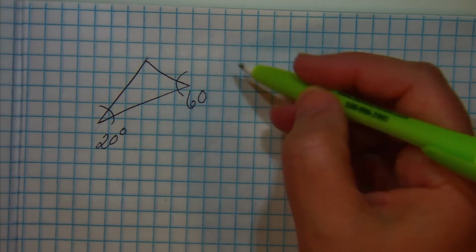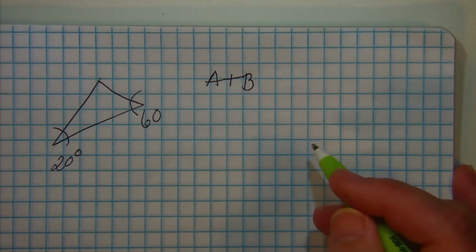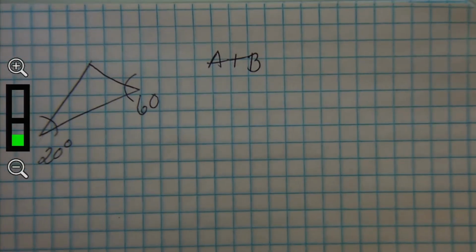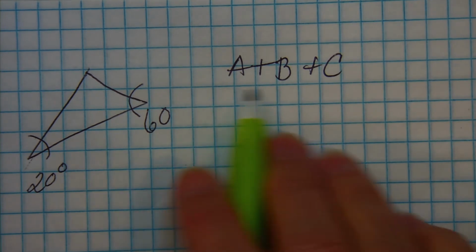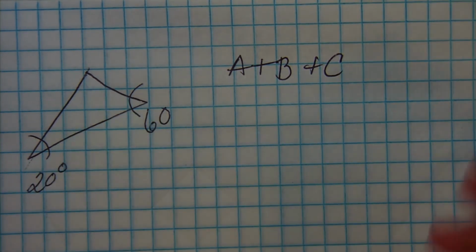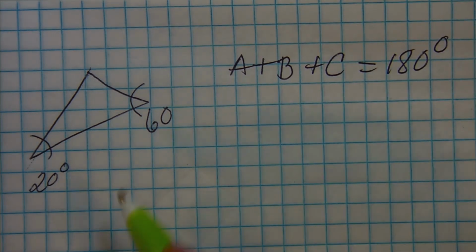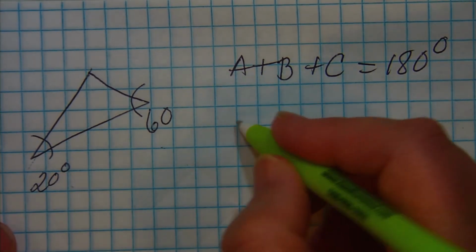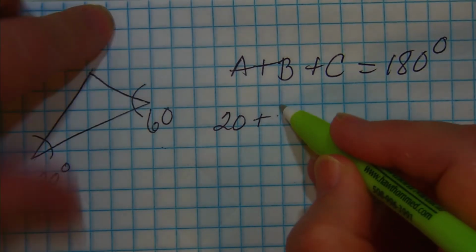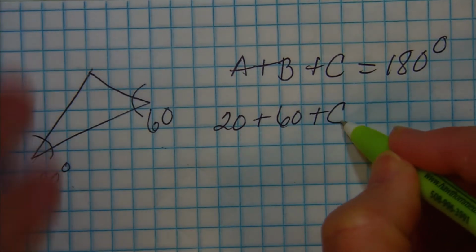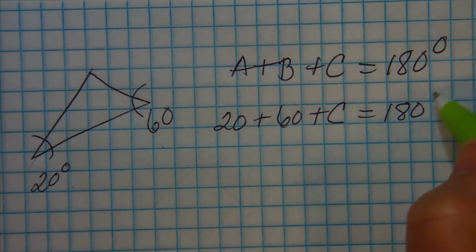You're going to remember that angle A plus B plus C, and those letters just represent the different angles on your triangle, equals 180 degrees. So I already know two of them, so I could say 20 plus, and I'll put B for 60, plus C, that unknown angle, equals 180 degrees.